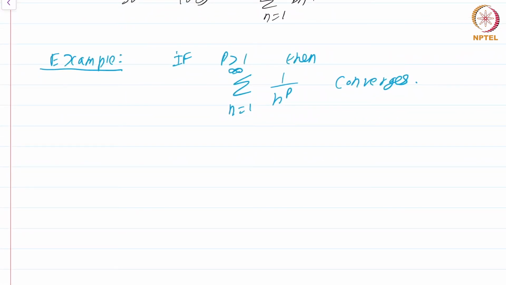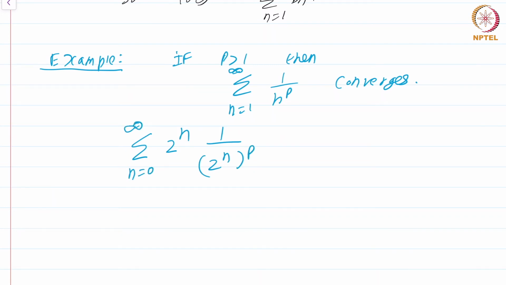Suppose you have summation n equals 1 to infinity 1 by n power p. I am going to apply the Cauchy condensation test. You will see in a moment why it is very applicable. What we have to do is consider this new series, summation 2 power n times 1 by 2 power n, the whole power p, n equals 0 to infinity.